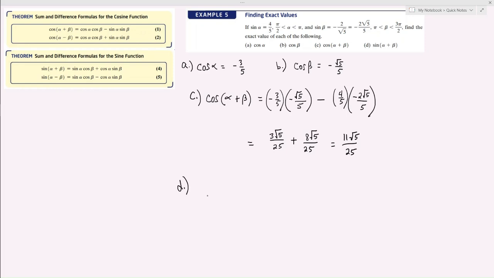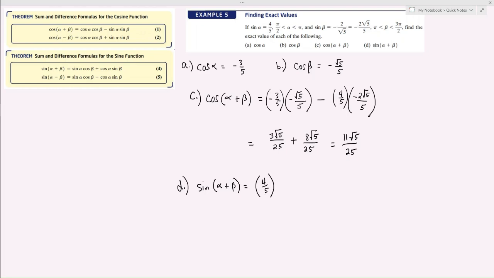Part D, we're asked for the sine of alpha plus beta. Okay, so we're consulting the sum formula for sines, and we're going to get sine of alpha times cosine of beta. So the sine of alpha is 4/5.